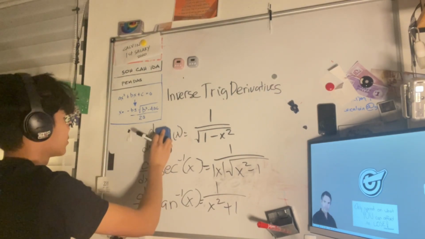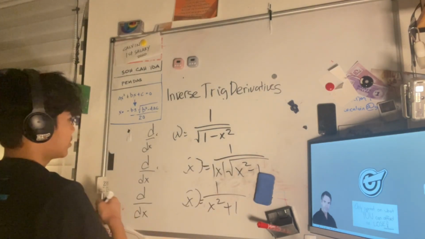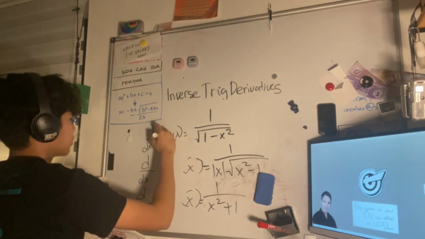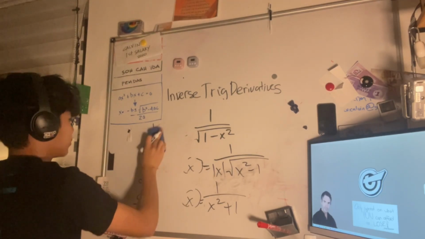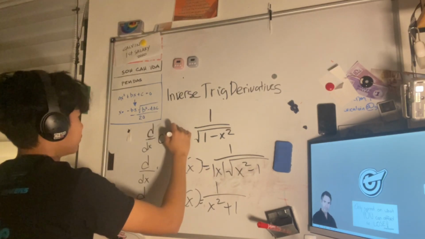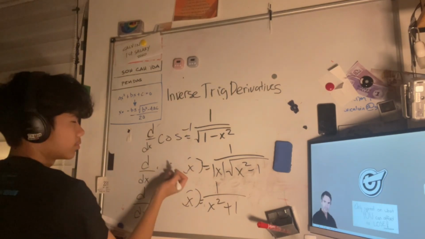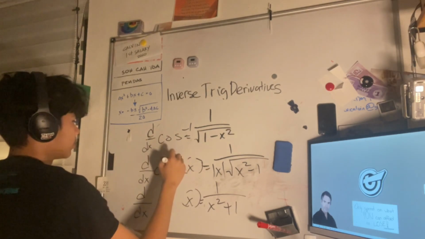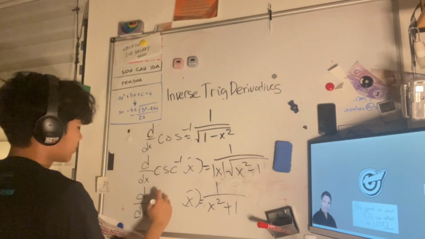How about these ones? Like cos inverse, cosecant inverse, or cotangent inverse.